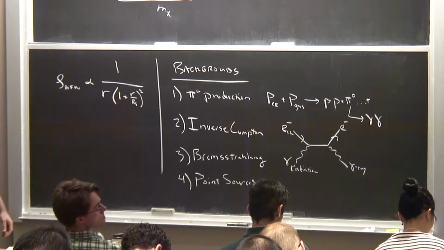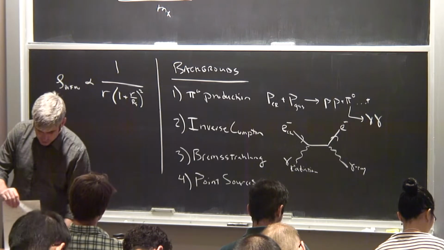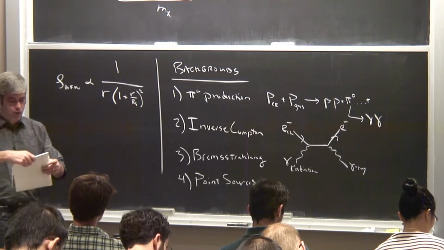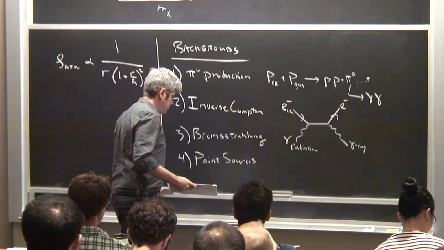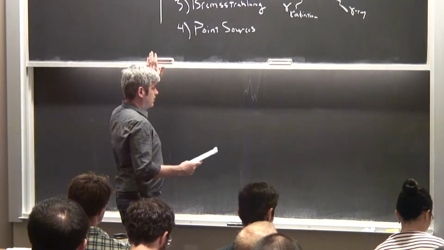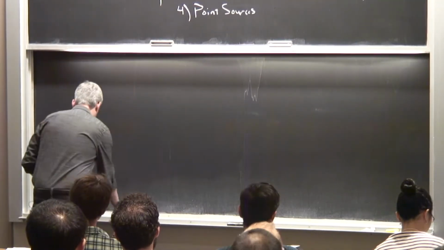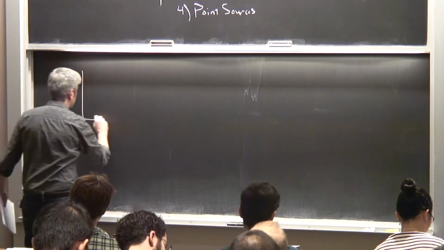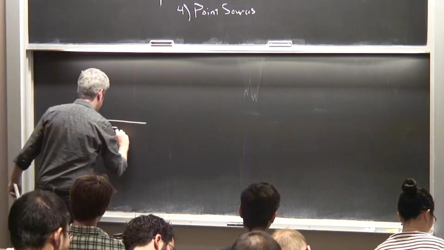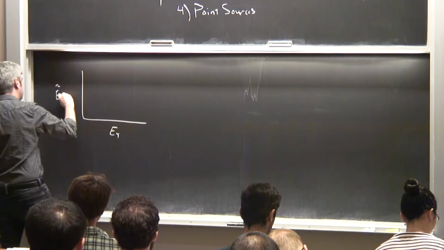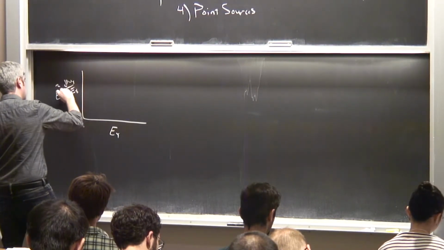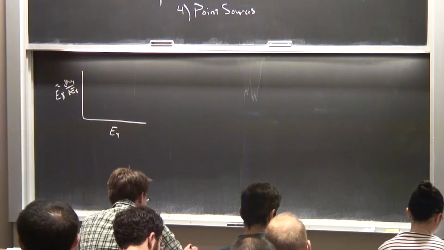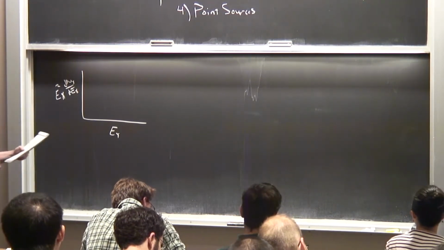So we really have two ways to go about trying to separate these backgrounds from the signals we're interested in. One is just spectral information. So this is E squared times dN/dE as a function of energy.